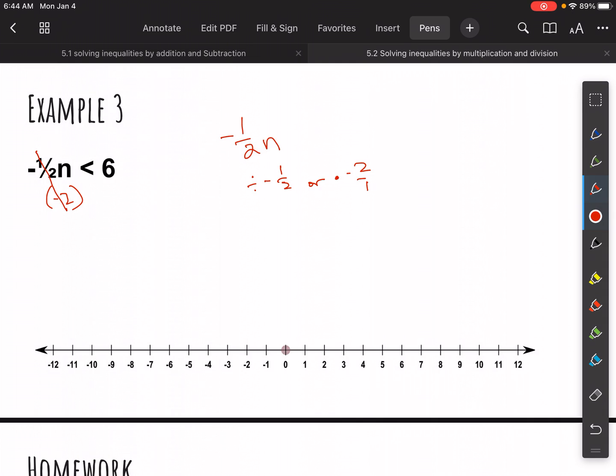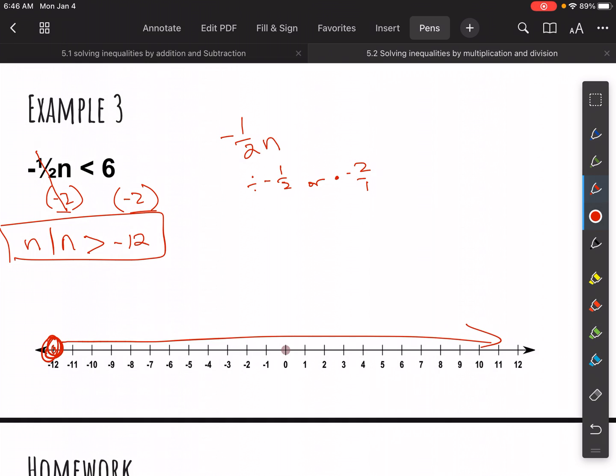Okay, so just to show you that. So here you go. And since you're multiplying by a negative across the inequality, we have n is greater than -12. Okay, so at -12, we have an open circle, and we're saying all values bigger than that.